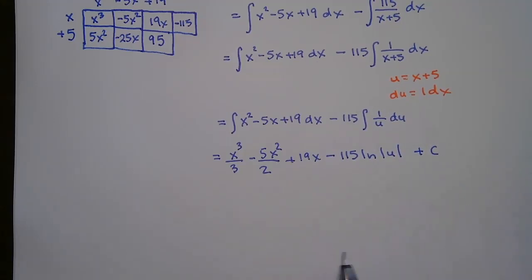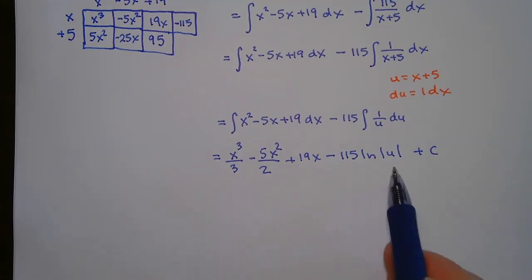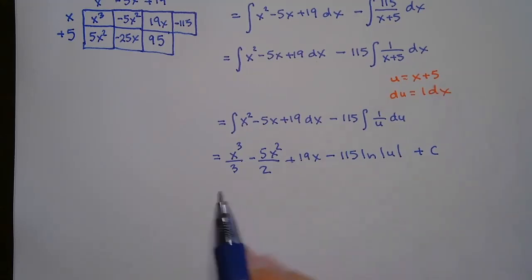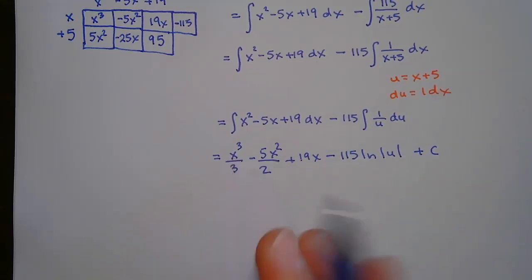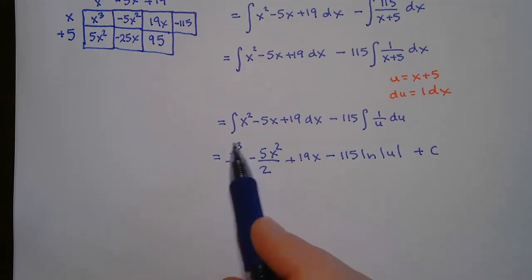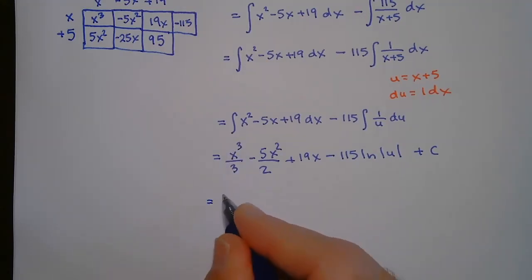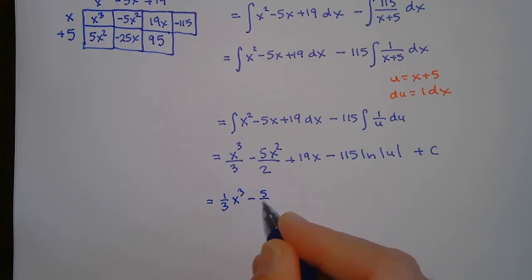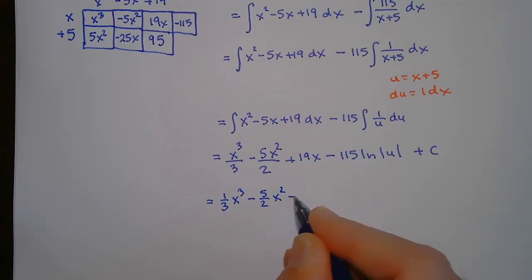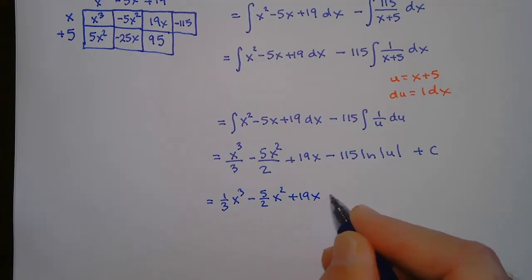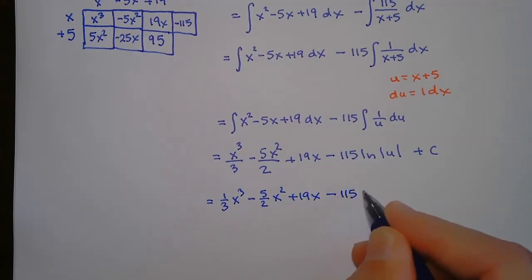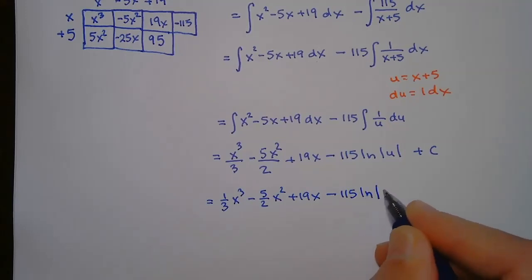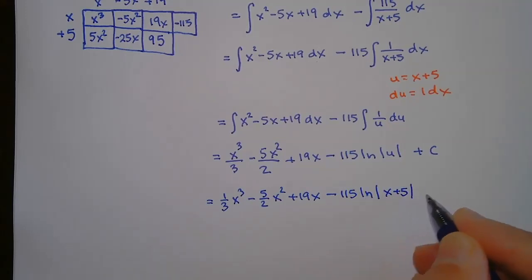Now the only thing we have left to do is we need to replace this u with what it's equivalent to, which is x plus 5, okay? Now, you could leave it like this, x cubed over 3. Another different way of writing this could be 1/3 x cubed minus 5 halves x squared plus 19x minus 115 natural log of the absolute value of x plus 5 plus some constant c, okay?